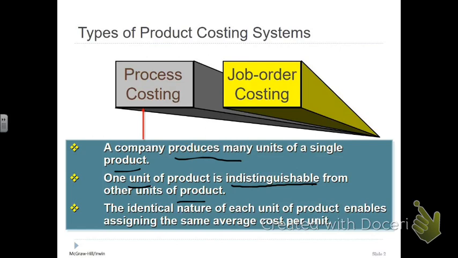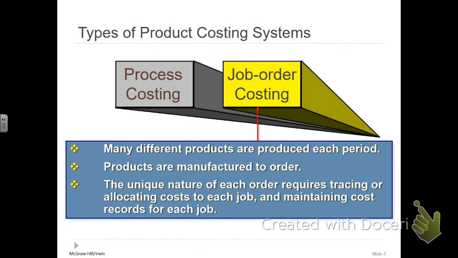What this chapter and the next chapter talk about is what we call job order costing, and this is where many different products are produced each period. Products are manufactured to order, and each one requires tracing of costs. If you ever go and work in a law firm, they trace every cost to a particular lawsuit or particular client.